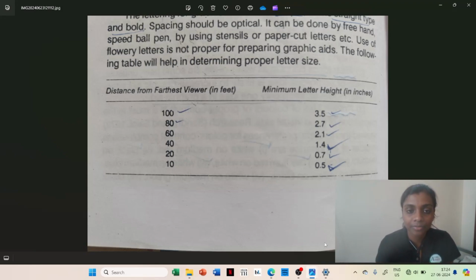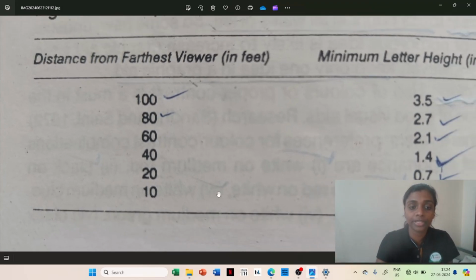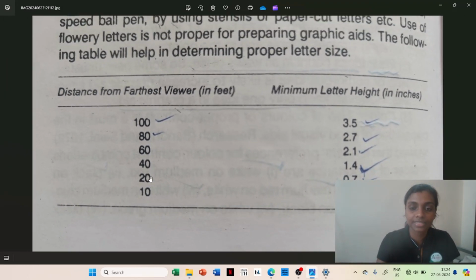Starting from 10 feet, 20, 40, 60, 80 and 100, this is the distance from the farthest viewer, and this is the minimum letter height that should be given, in inches. Okay, so here they have asked 30 feet, which comes between 20 and 40, and compared to that the minimum letter height should be 0.7 to 1.54 inches.